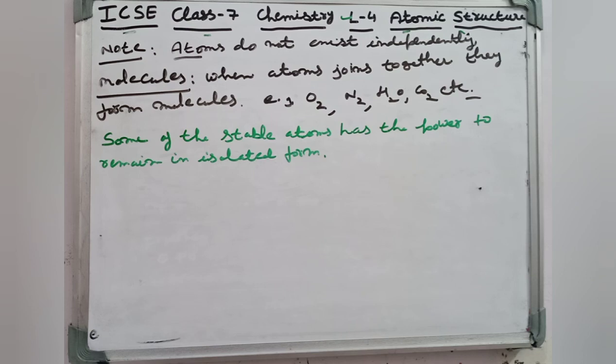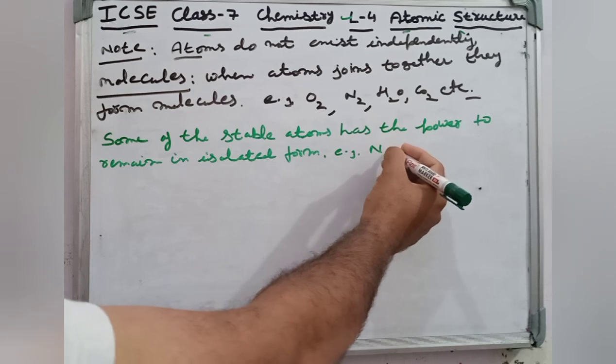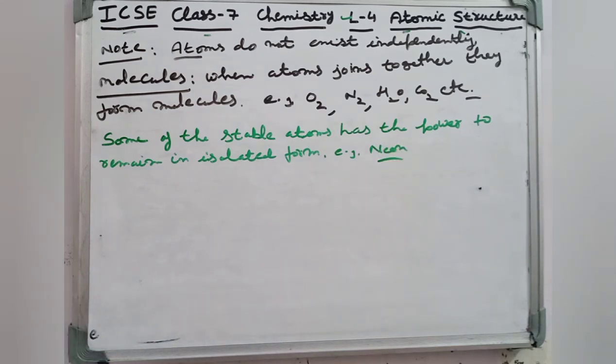Like, an example is neon. Neon is so stable that it can remain in the isolated form.